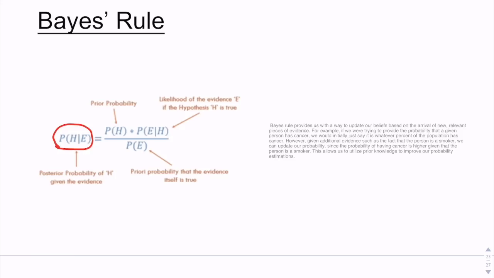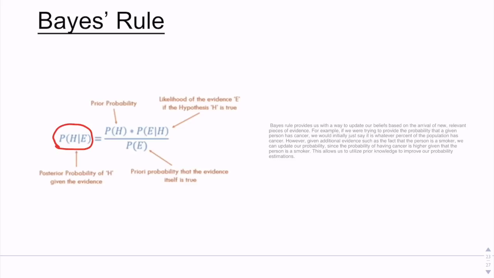The probability of a target or a hypothesis given that we have some evidence. So this is called the posterior probability of H given the evidence. E is evidence. For instance, for our example, E is the evidence that we know this student checks Instagram 100 times, 200 times.